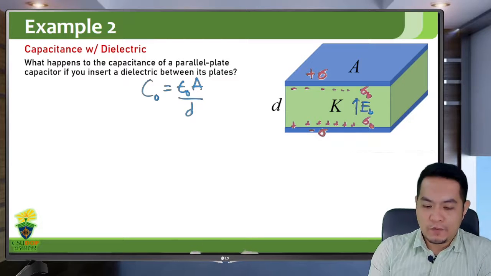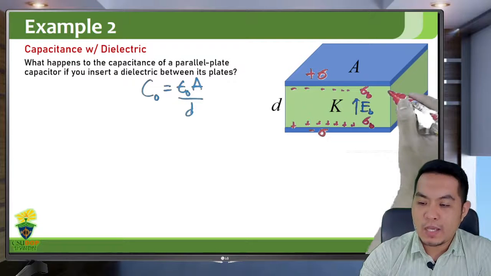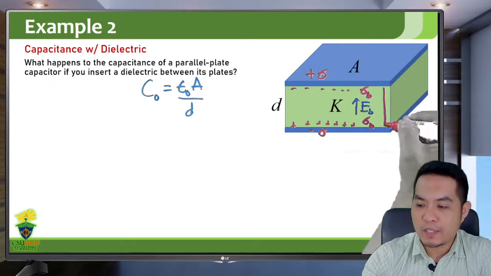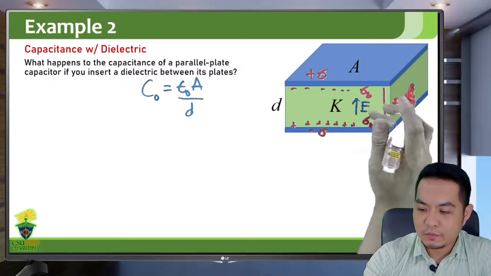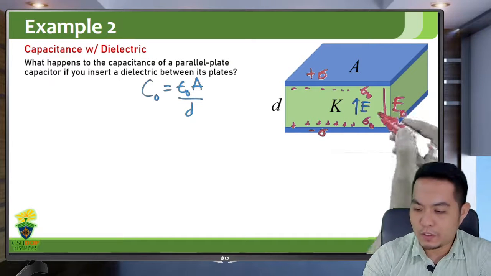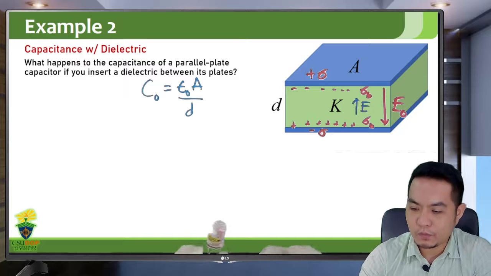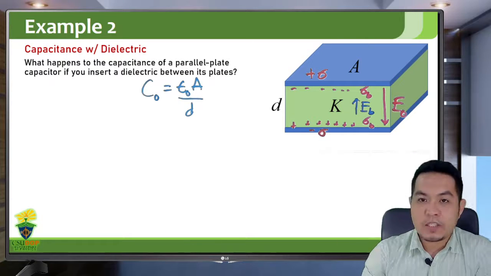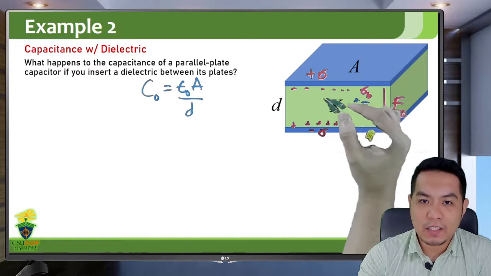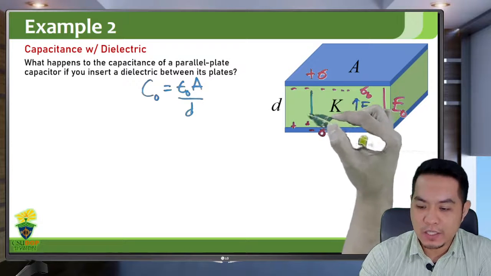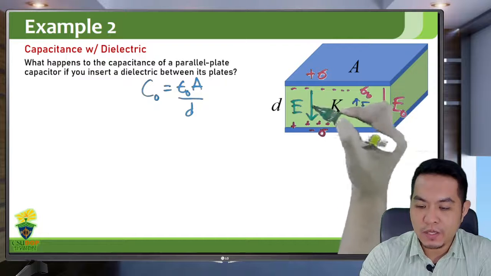But this electric field, E B, is far weaker as compared to the original electric field without the dielectric, such that the net electric field inside the dielectric, or inside your capacitor, is still downwards.